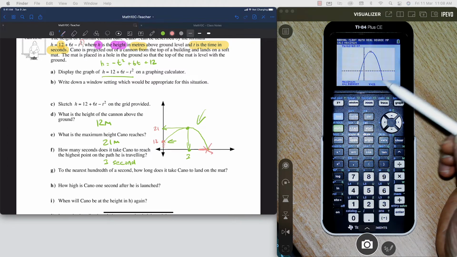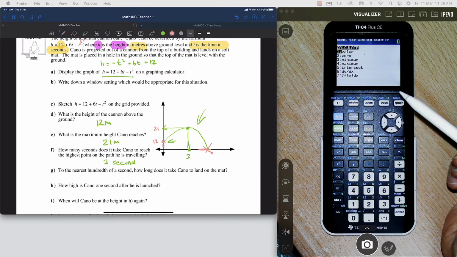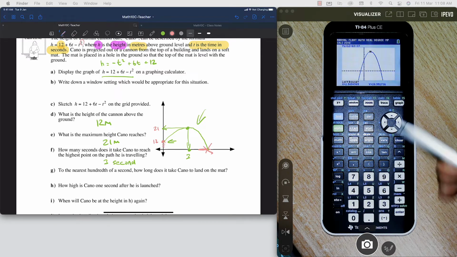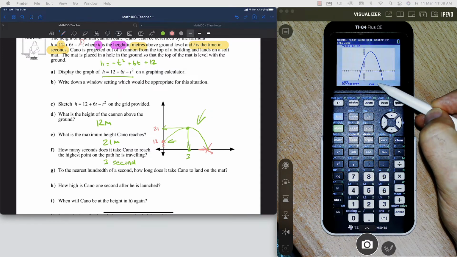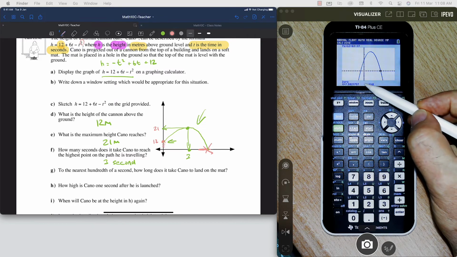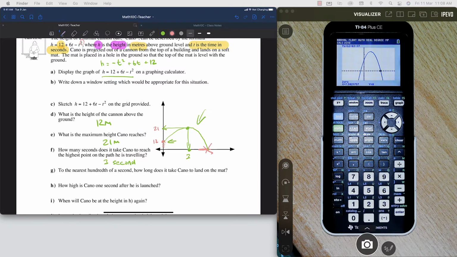If I go to second trace, which is calc, choose 2, which is 0, and again, I want to come down to here, so I'm a little bit left of that, enter, a little bit right of that, enter, hit enter again, and it tells me it hits the mat, which is Y equals 0, at 7.582, and rounded to the nearest hundredth would be 7.58. And don't forget your units, so that's 7.58 seconds. And that's right there too.